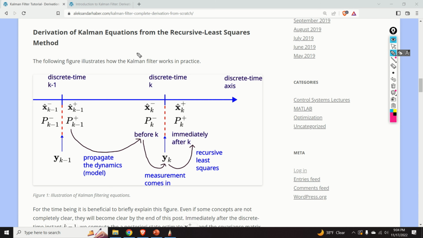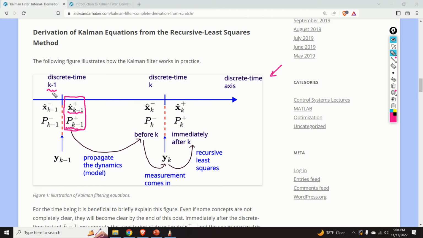Now we are ready to derive the Kalman filter equations from the recursive least squares method. For that purpose, consider this figure over here that nicely summarizes the main idea of the Kalman filter. Let us assume that we are at the discrete time instant k minus 1, and that we have somehow computed our a posteriori state estimate and our a posteriori covariance matrix of the estimation error.